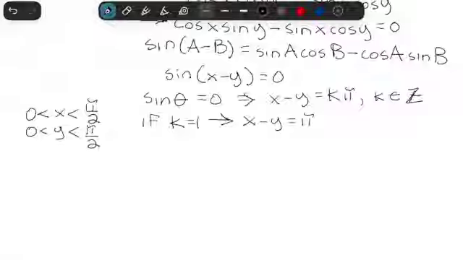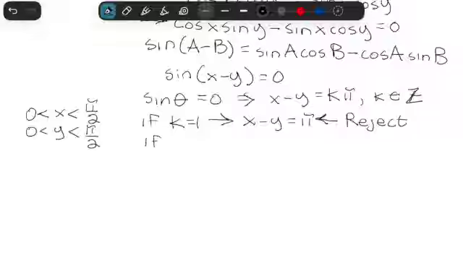The maximum that x could be is approaching pi over 2, and the minimum y could be would be just to the right of 0. So no, we could never get pi, so we're going to have to reject this. And we're not even going to try 2 or anything higher because that would make this even further away from what we want.